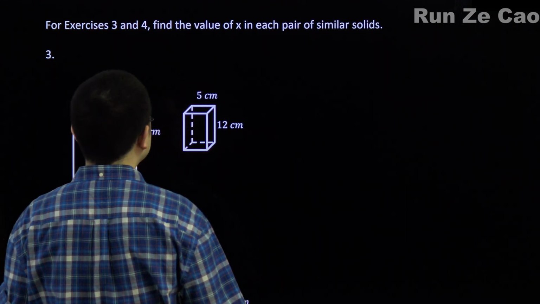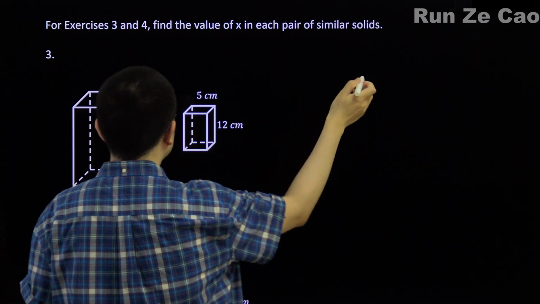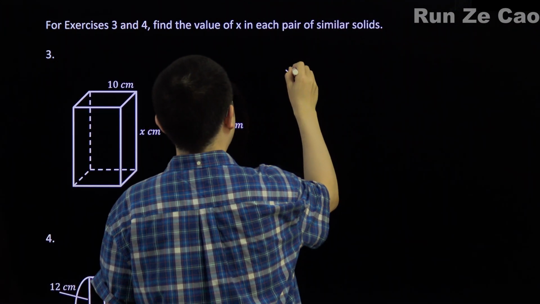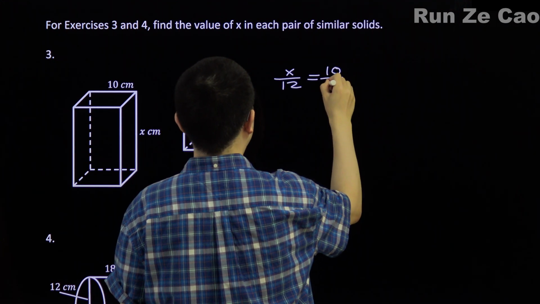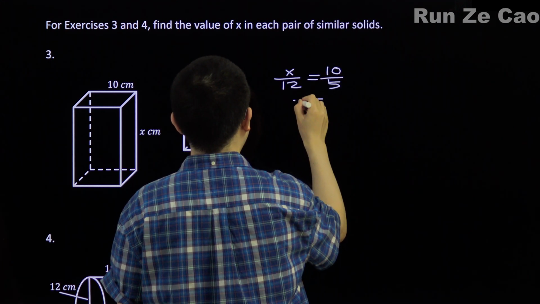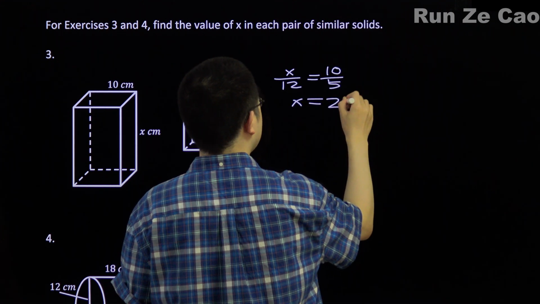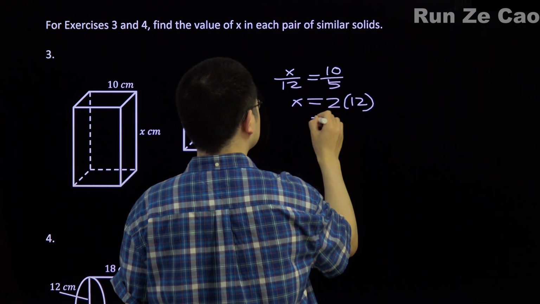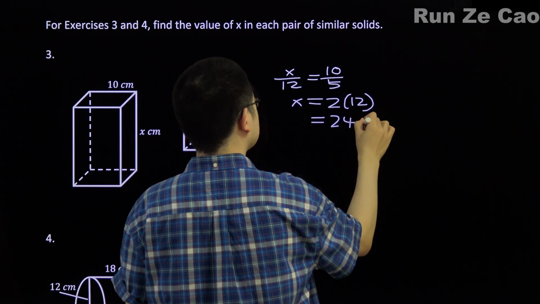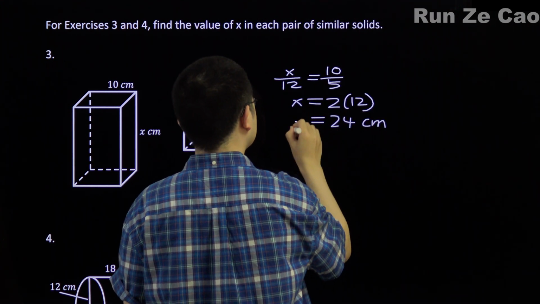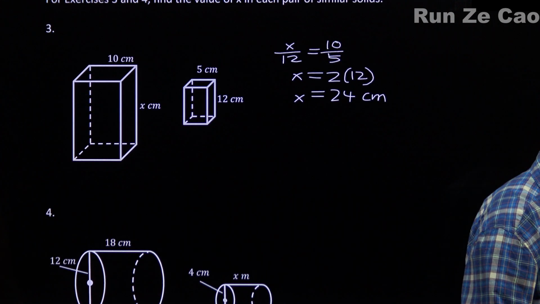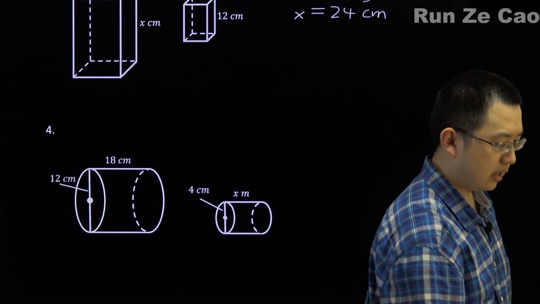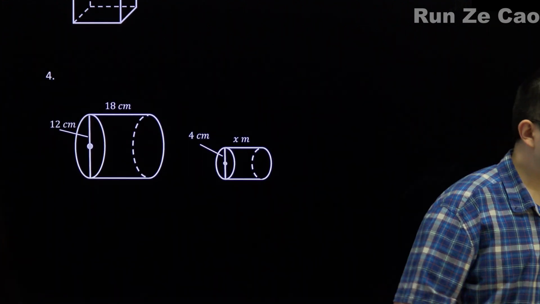So, here we're dealing with x over 12 is equal to 10 over 5. So x is equal to 2 times 12, which gives us 24 centimeters. Yeah, it's just regular algebra and ratios.